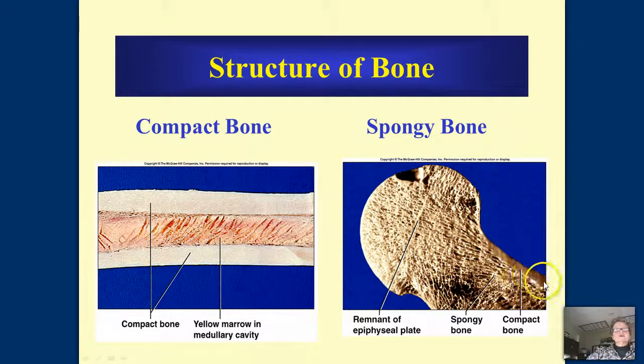On the outside here you have a layer of compact bone, and then you would have periosteum here. Here we have the remnant of the epiphyseal plate, or the growth plate, in that spongy bone.